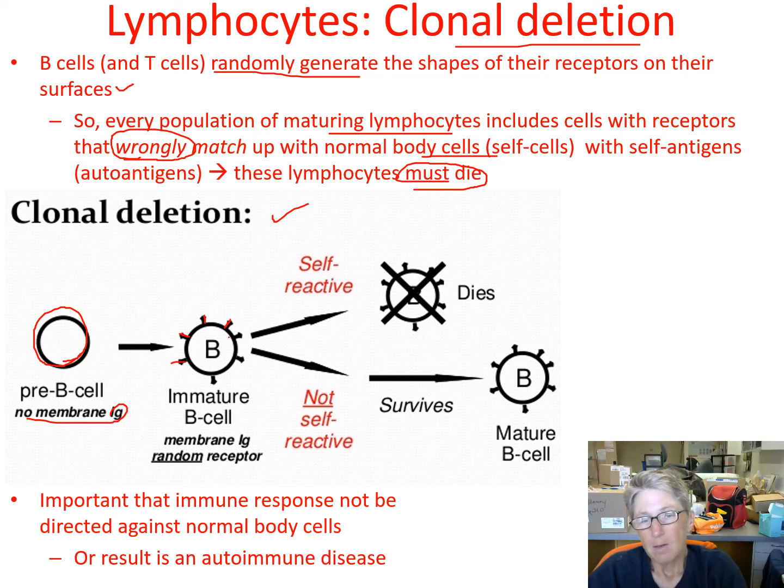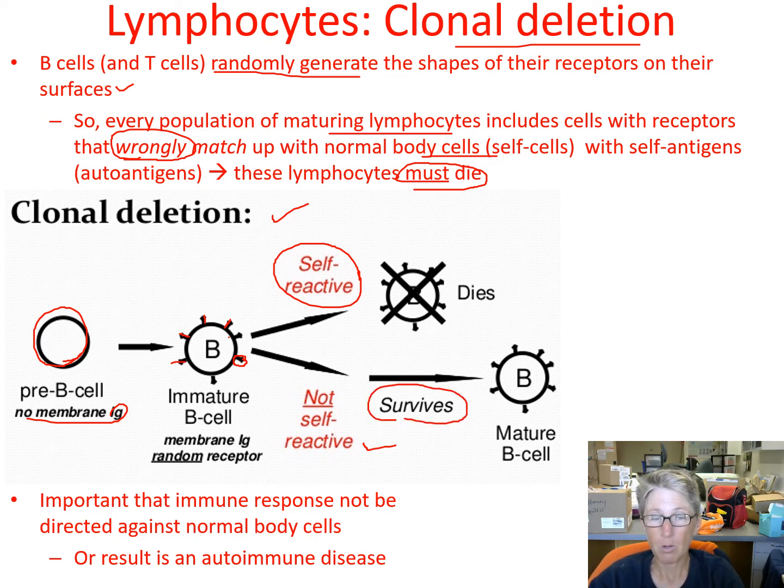If that B cell receptor recognizes self antigens, then that B cell dies. If these B cell receptors do not recognize self cells, then that B cell will survive and become a mature B cell. It will go from being an immature to a mature B cell.